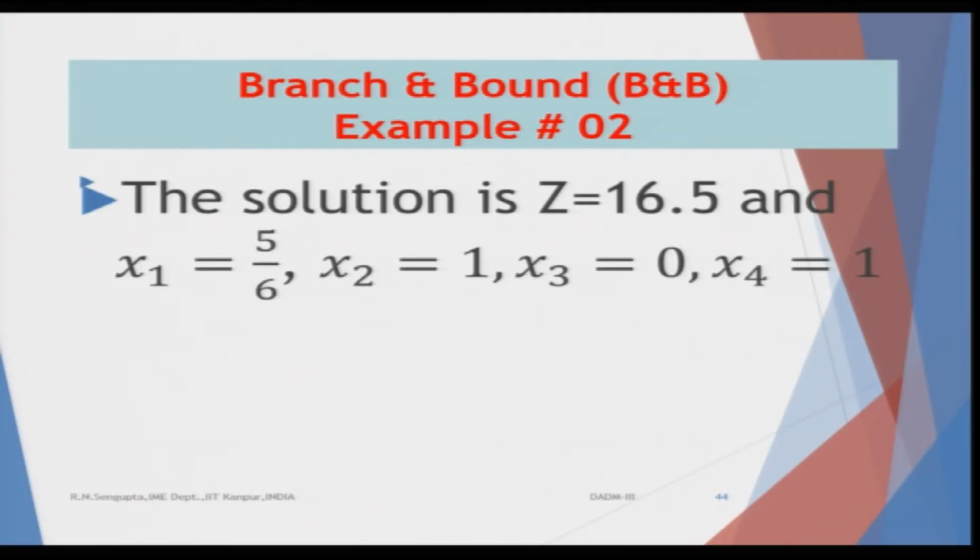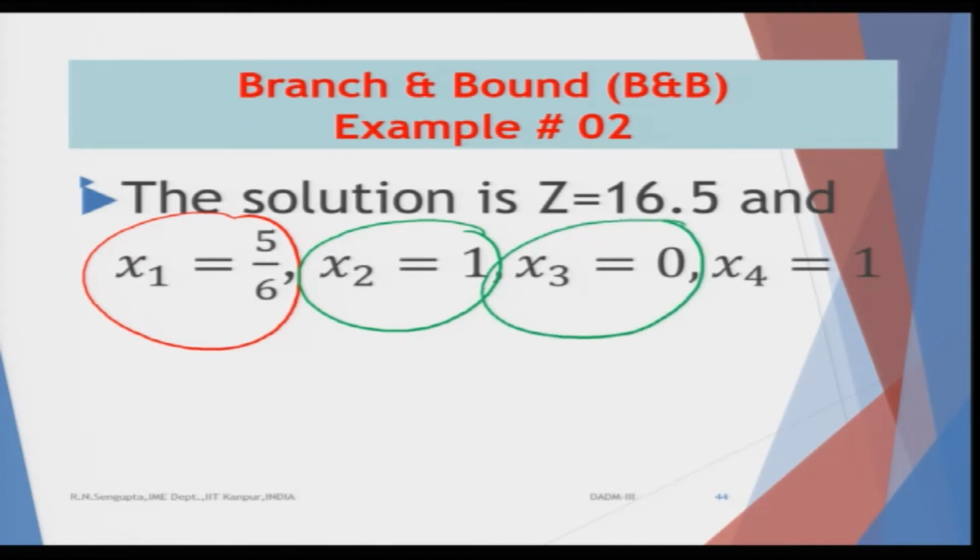Technically, it is a linear programming problem, so 5 by 6 is applicable there, not in the binary case. So, this is not allowed. x2 is 1, which is allowed, x3 is 0, which is allowed, x4 is 1, which is allowed.